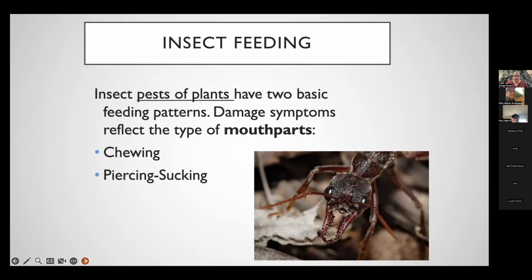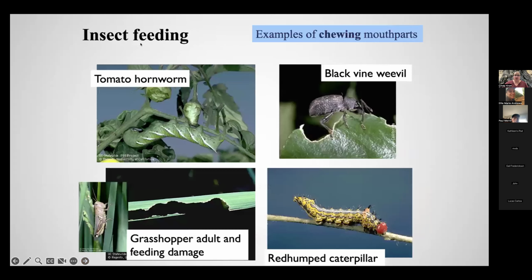So with chewing mouth parts, here are some examples of insects feeding with chewing mouth parts. When you have an insect that has chewing mouth parts, part of that plant or fruit will be missing. When it chews, it's actually ingesting the leaf material or the fruits.